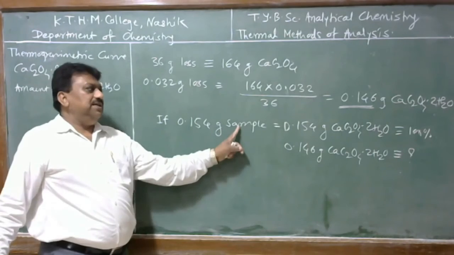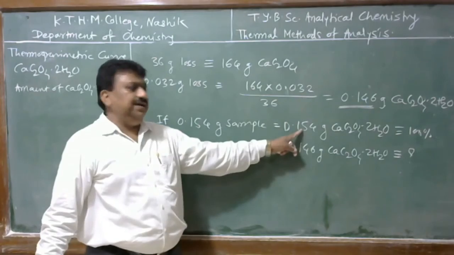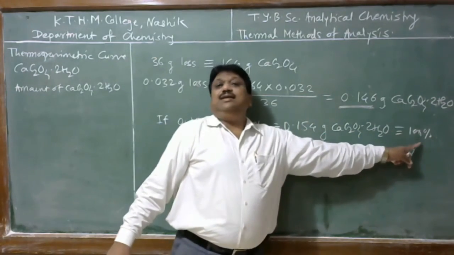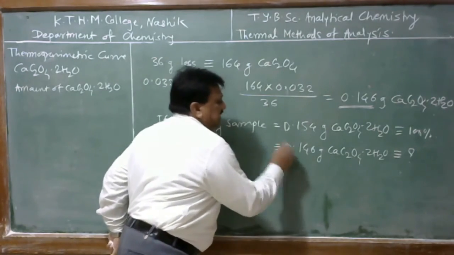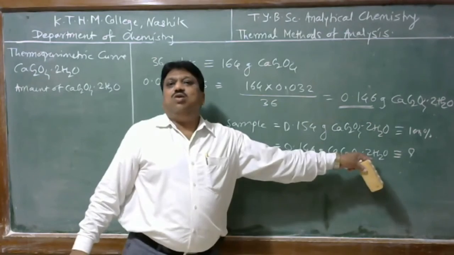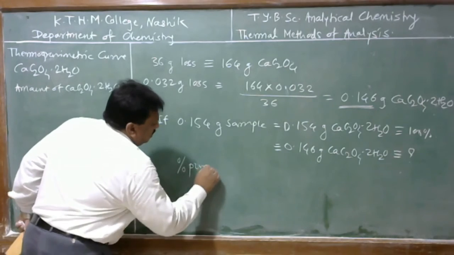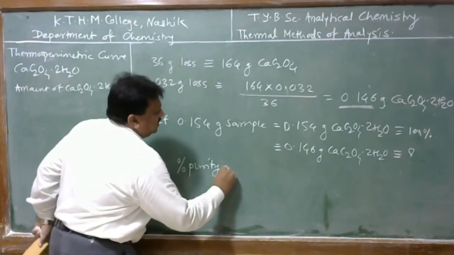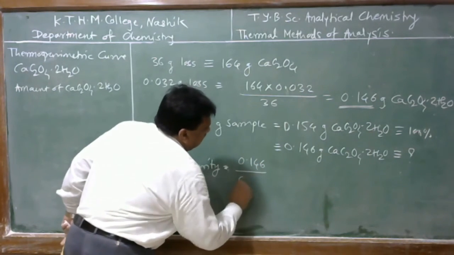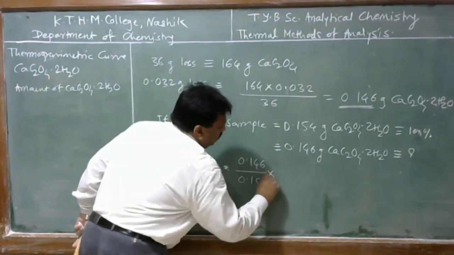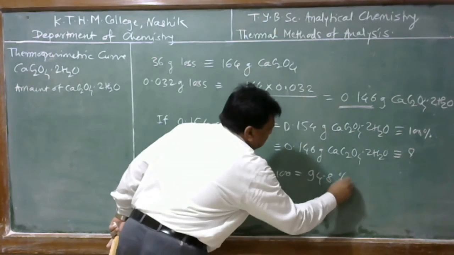By calculation we found this value is less than this, therefore percent purity is equal to 0.146 divided by 0.154 into 100, and it is equal to 94.8%.